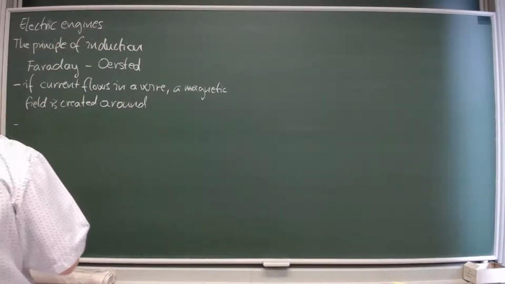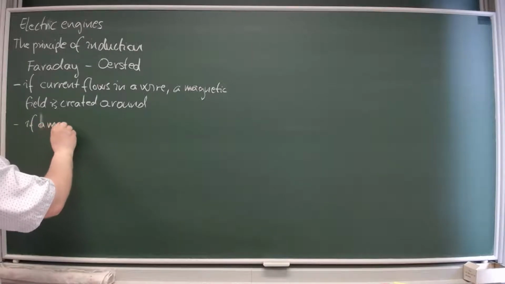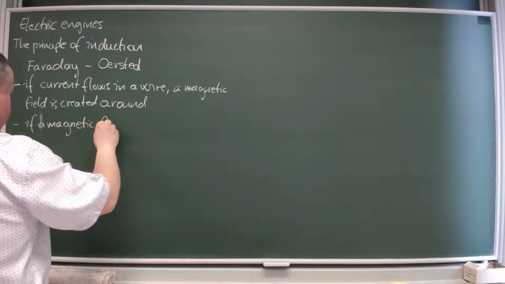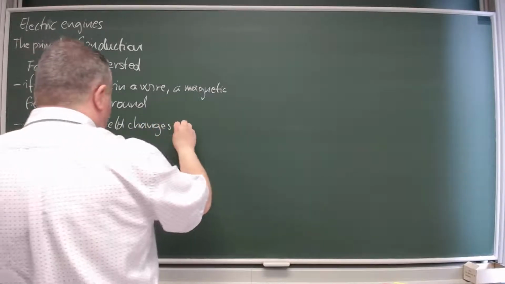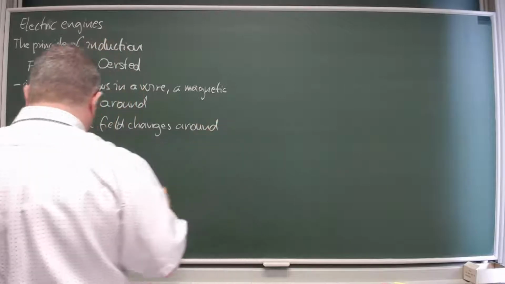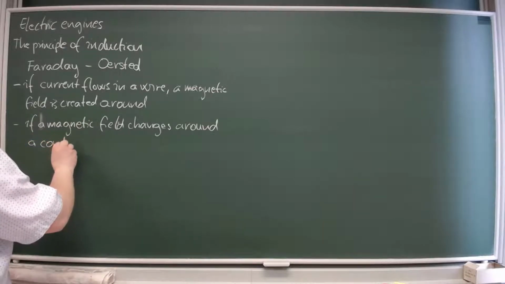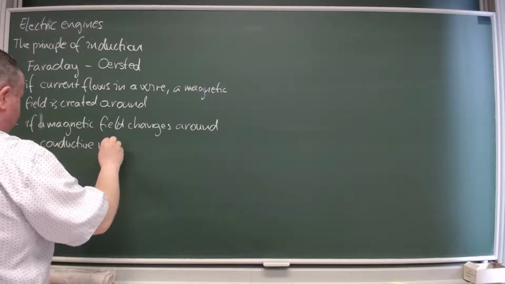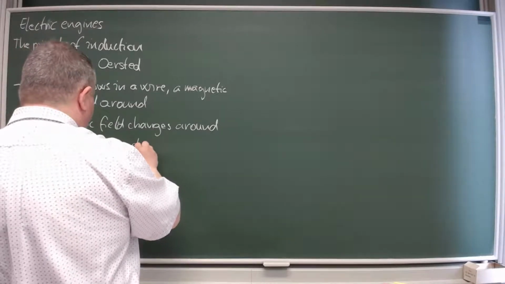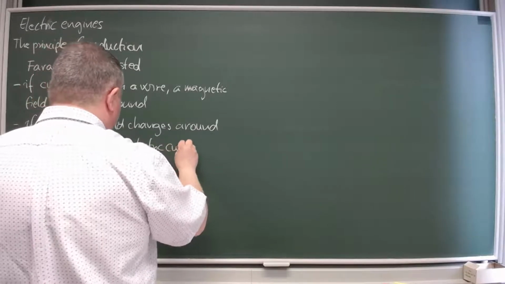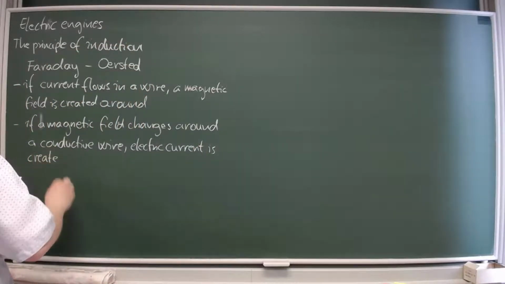And the opposite, if a magnetic field changes around a conductive wire, electric current is created inside, or generated, maybe it's better.